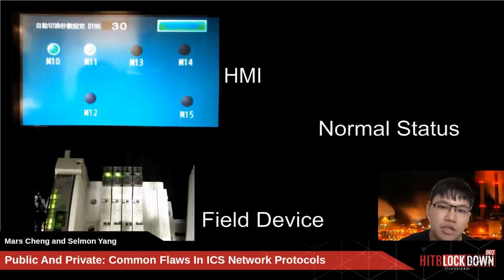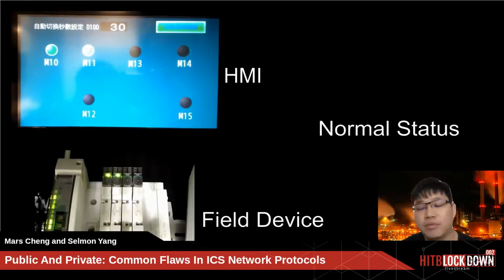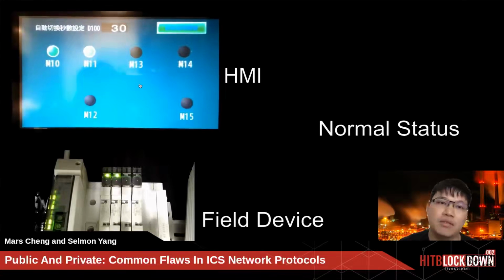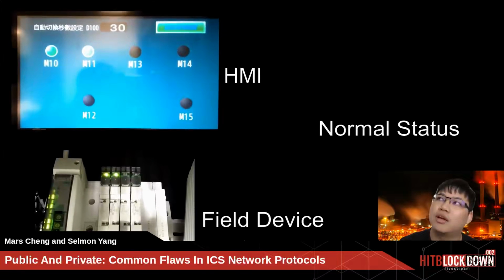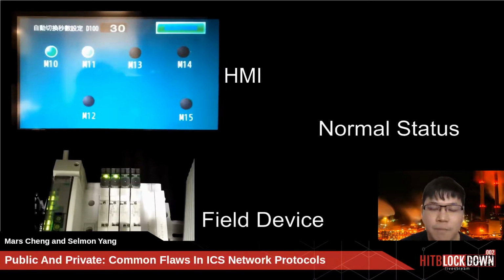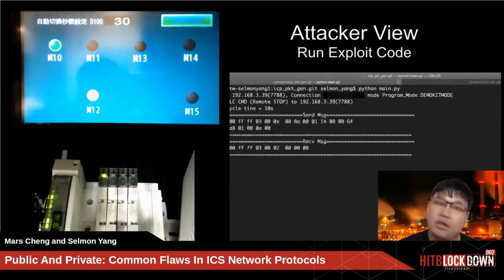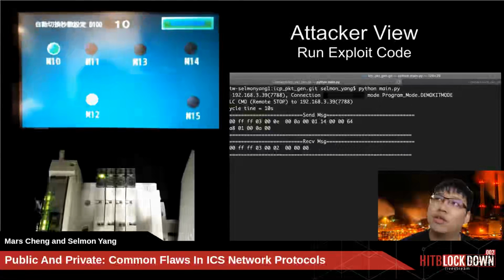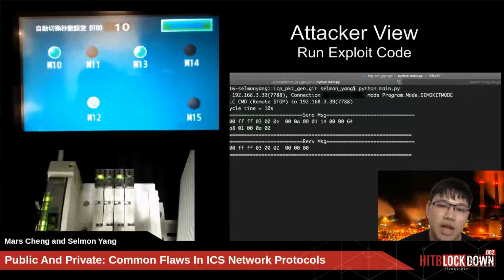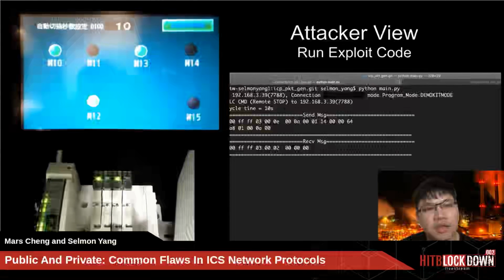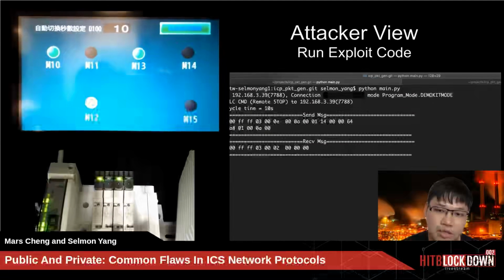As a malicious hacker in this demo, I want to perform the modify parameter attack. We will use the Mitsubishi MELSEC protocol to perform our attack. Wait a second, and we will show our attack view performing this kind of attack. Here you will see our attack view. We perform the attack from 30 seconds to 10 seconds, so every 10 seconds the light changes, as we modify the parameter to modify the control process.